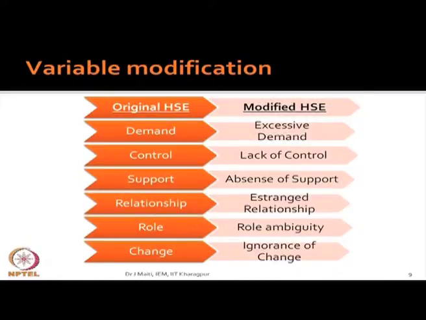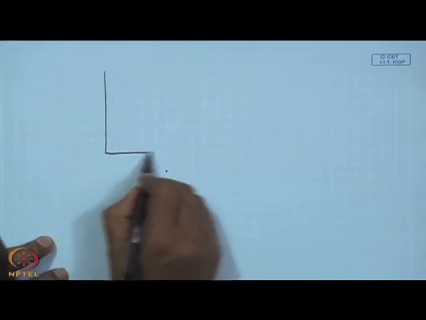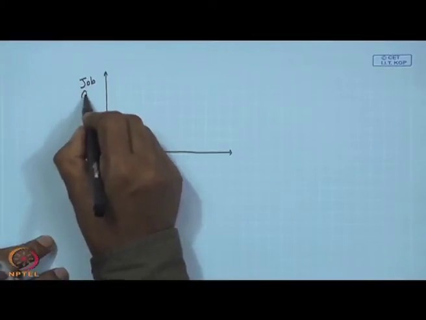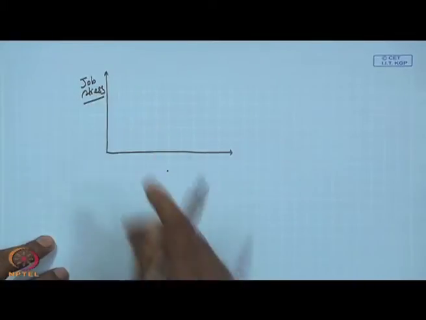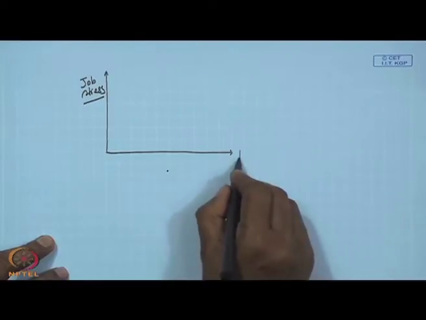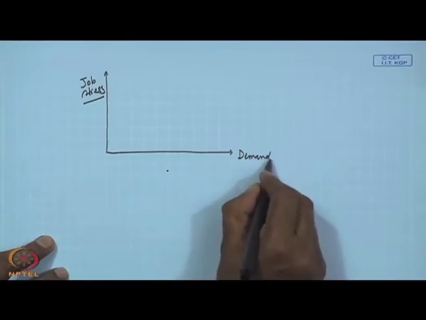For analysis purposes, we have made a little modification. What is this modification? Job stress is a negative sense variable. That means a higher job stress is not good, but demand is also, if demand is higher, this is also not good.